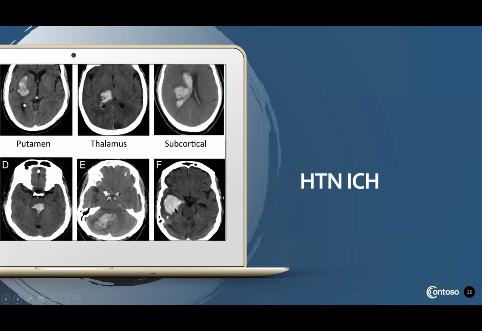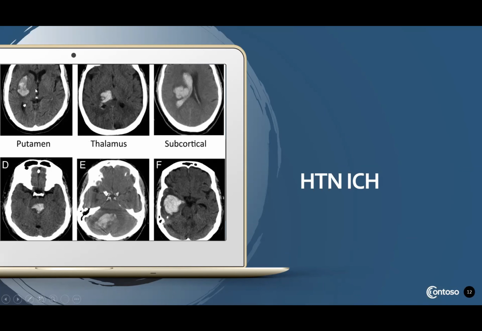If I saw this, maybe I would think about a tumor first, then ICA, and then hypertension. If I saw this, maybe I would say yes, this is possibly a deep bleed, like thalamus, dissected to the ventricles. And in these two, I have to rule out vascular malformation, especially if the patient is young, or a tumor.